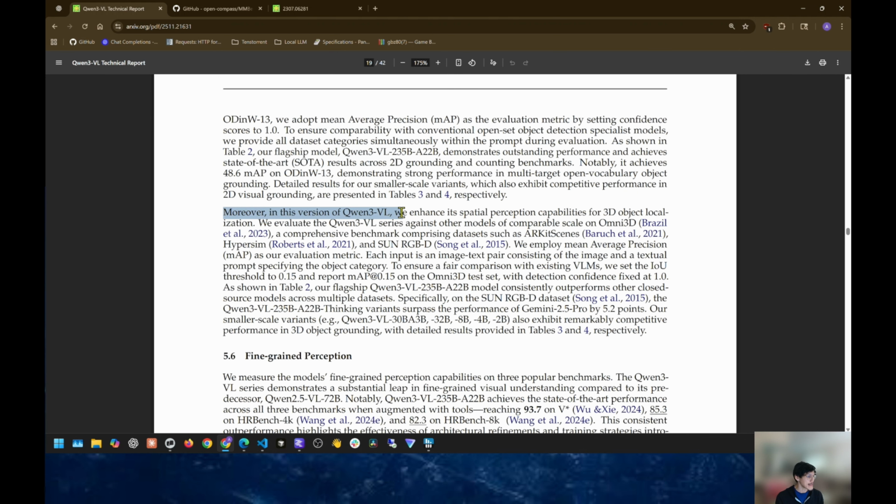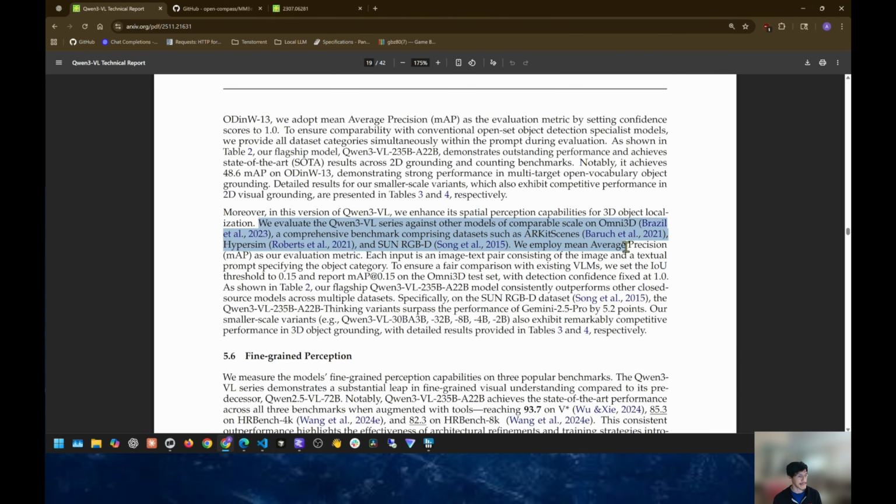Moreover, in this version of Qwen3 VL, we enhance its spatial perception capabilities for 3D object localization. We evaluate the Qwen3 VL series against other models of comparable scale on Omni 3D, a comprehensive benchmark comprising datasets such as ARKitScenes, Hypersim, and SUN RGB-D.